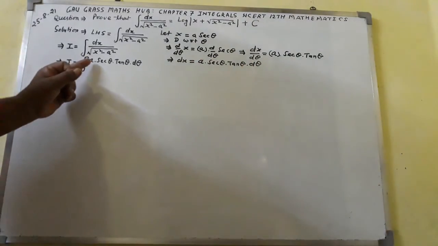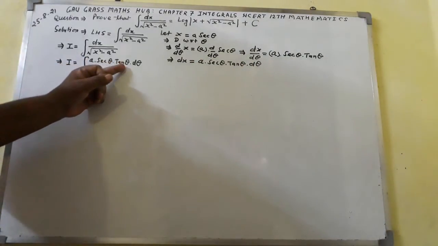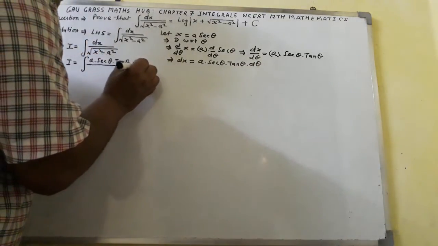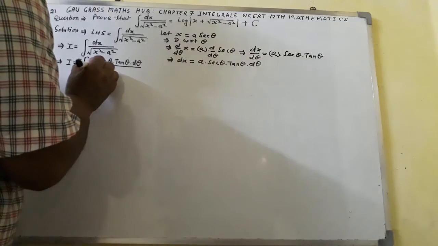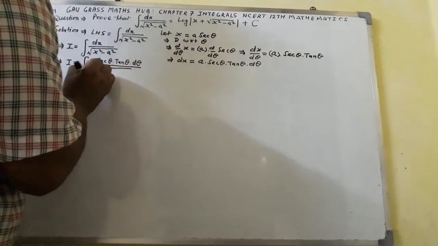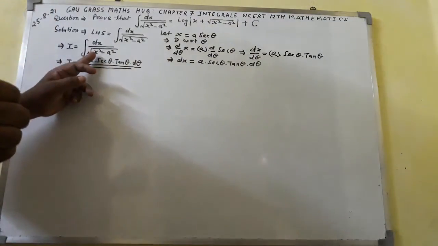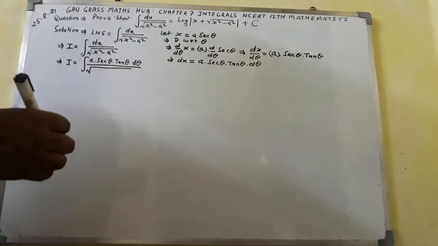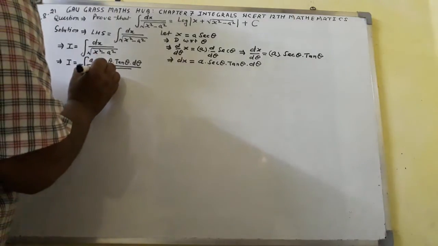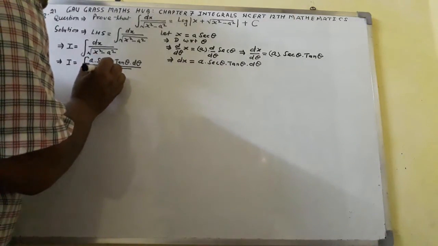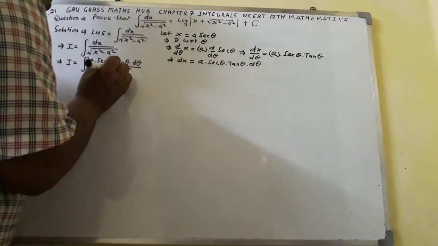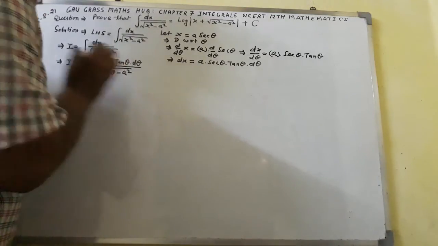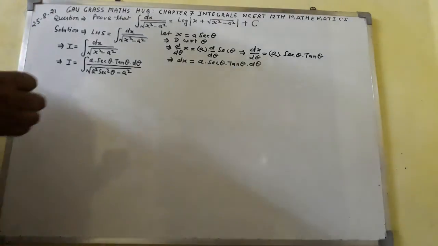The same thing I shall write, a sec theta tan theta d theta whole over under root, in place of x I shall write a sec theta. So a sec theta whole square comes out to be a square sec square theta minus a square. This we get. Now what will we do next?